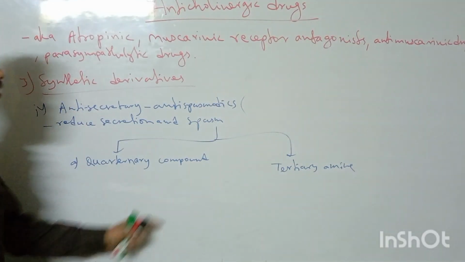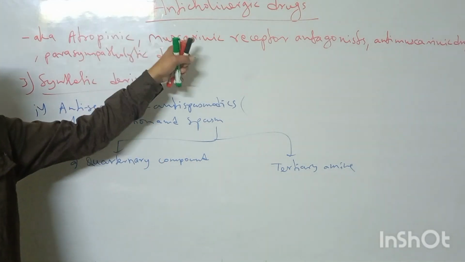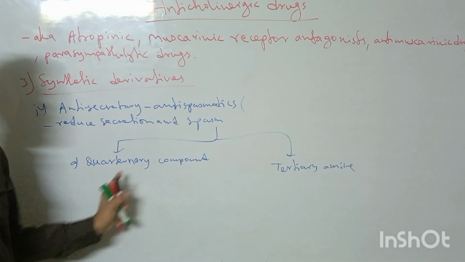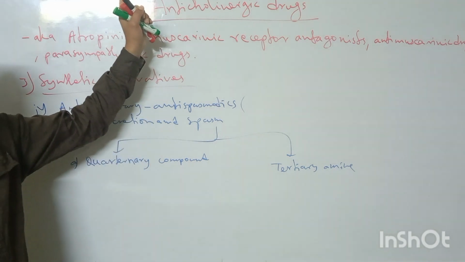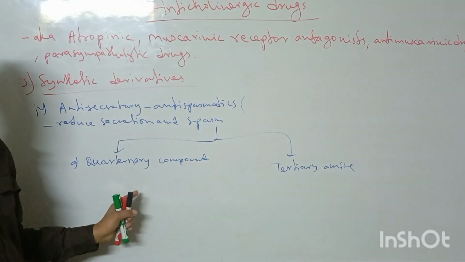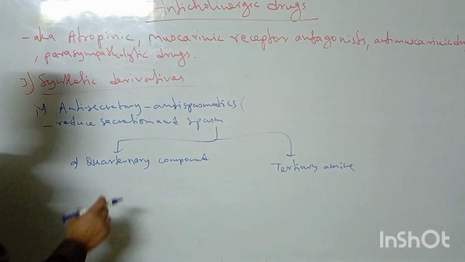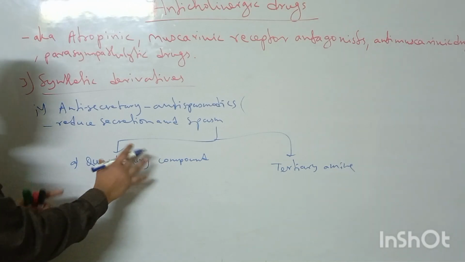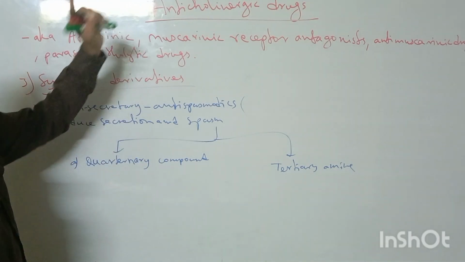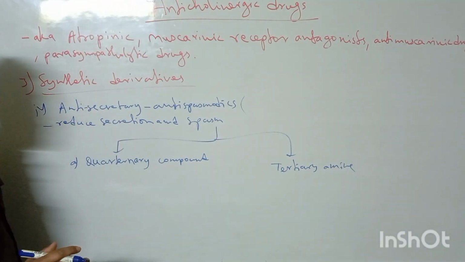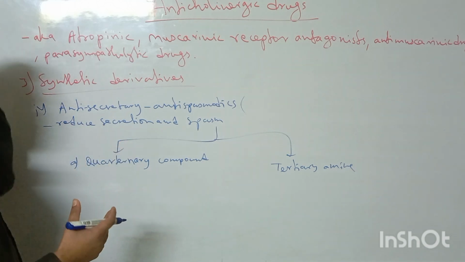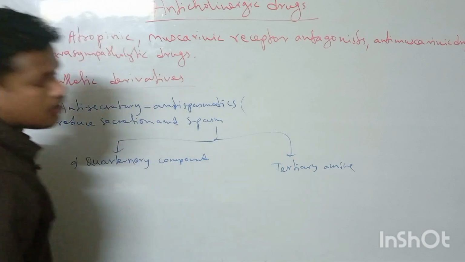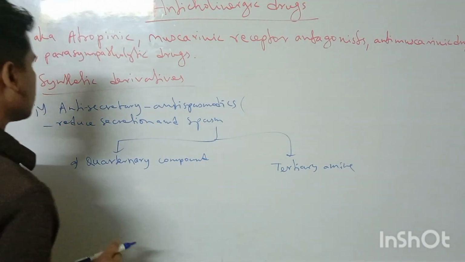But these quaternary compounds cannot reverse the central cholinergic actions, or cannot have central anticholinergic action. In higher dosage they may also have anticholinergic actions, but under normal conditions tertiary amines cross the blood-brain barrier more than quaternary compounds.